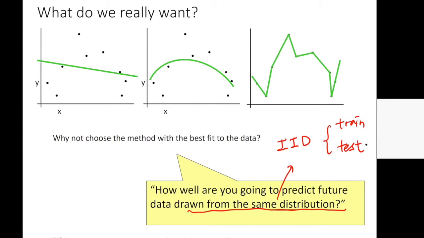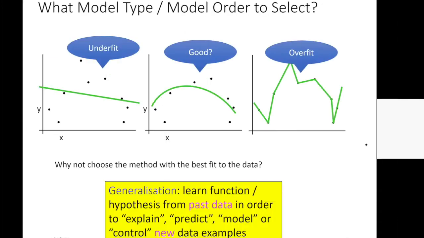We assume our future data are sampled quite similarly to our training data, and then we look for a predictor that can predict really nicely on those future data drawn from the same distribution.